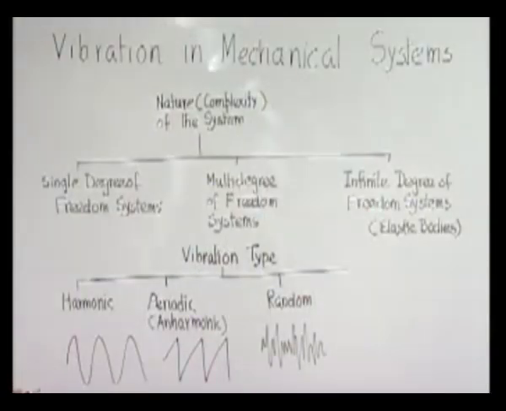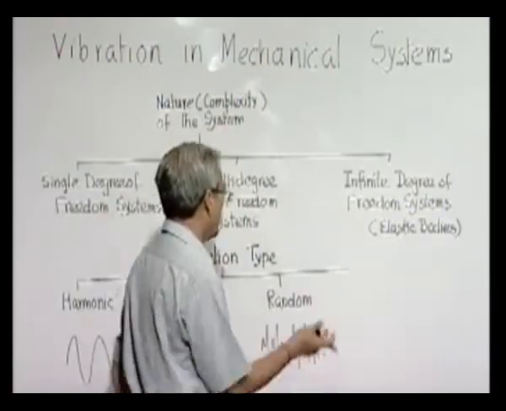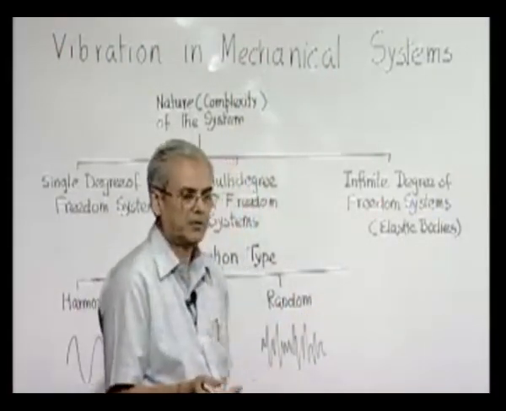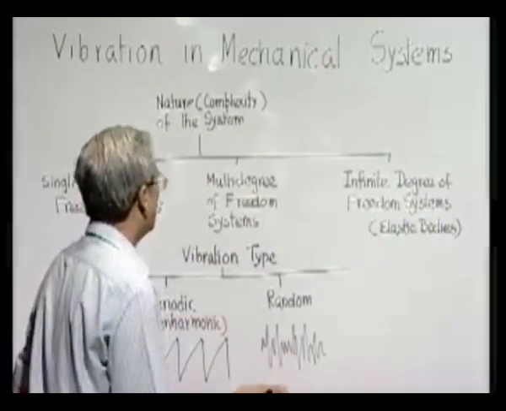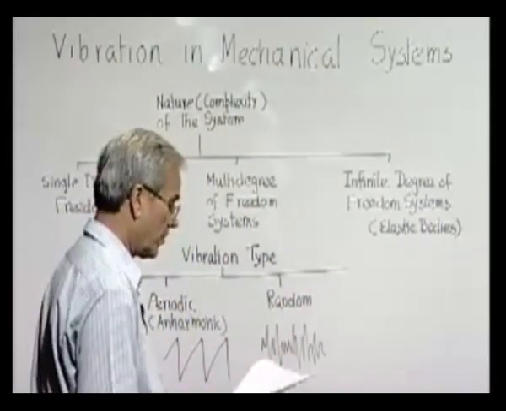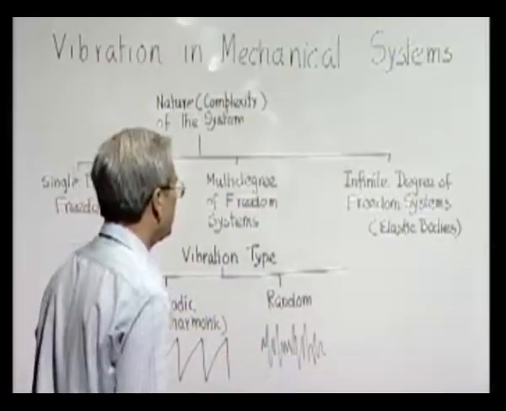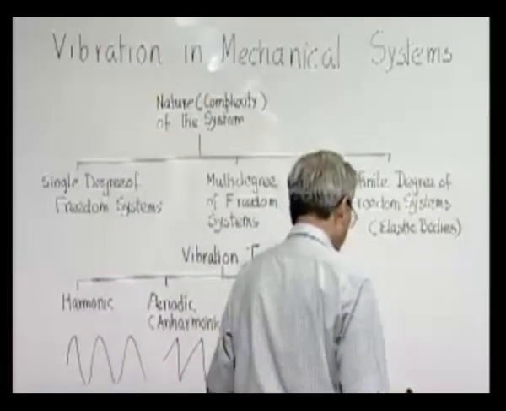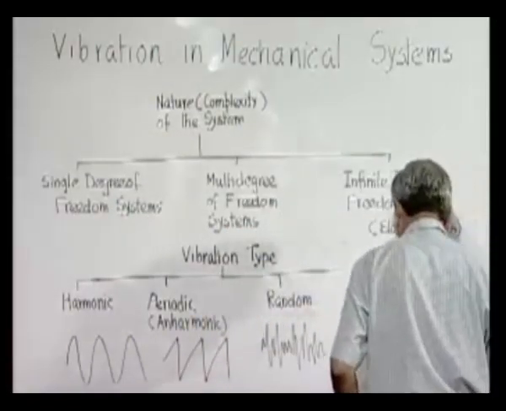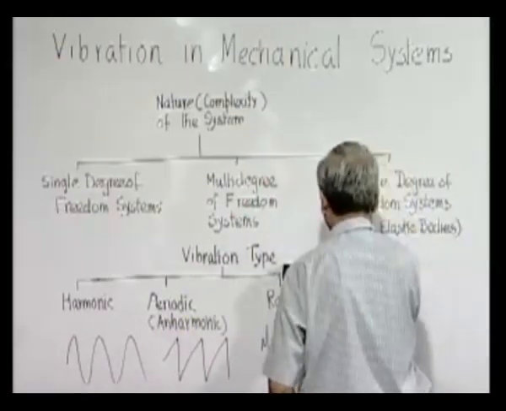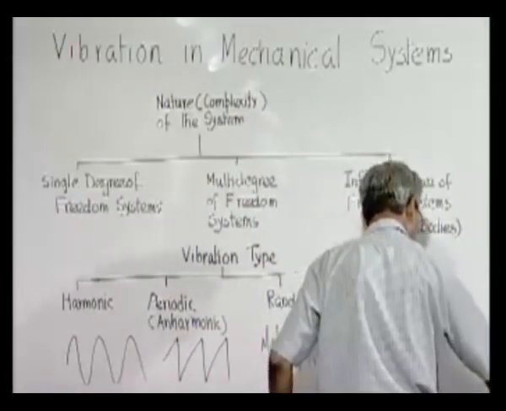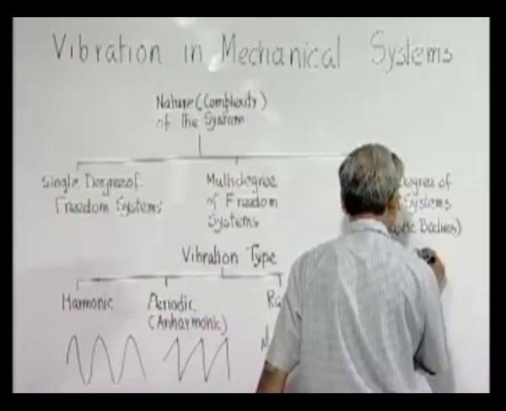And of course we are not going to discuss it, but chaotic vibration is also very important, but we will definitely not have the chance to discuss chaos and chaotic phenomena here. And finally, we will classify vibration another way.